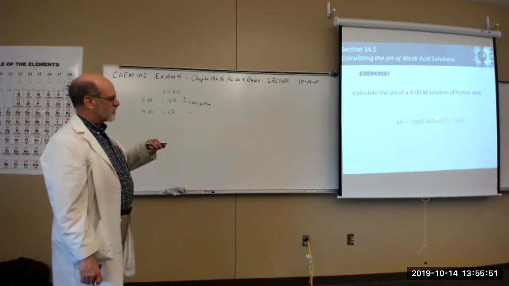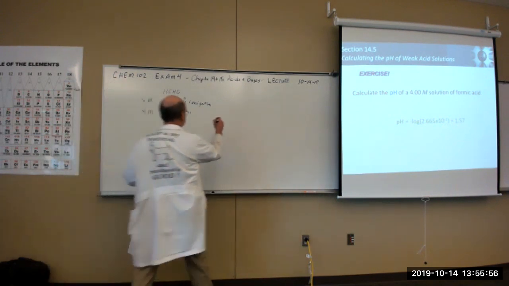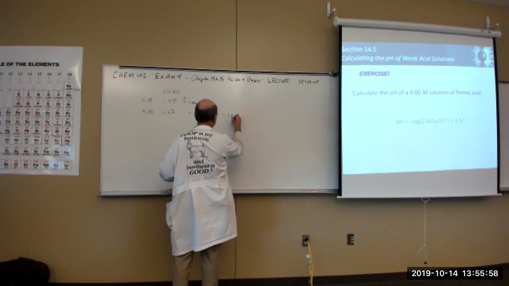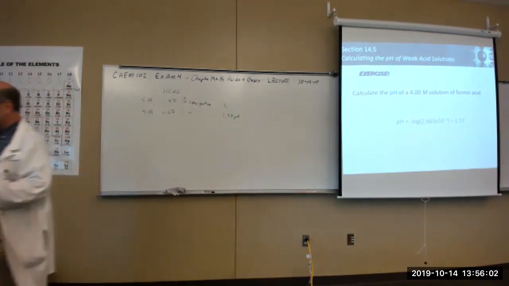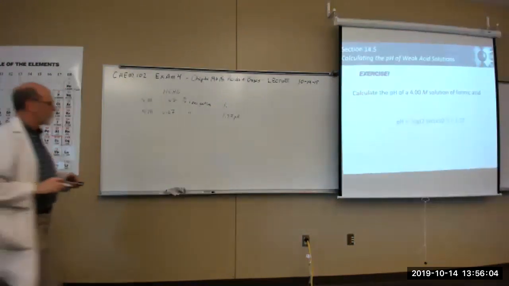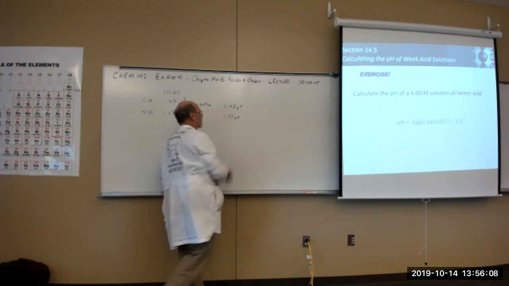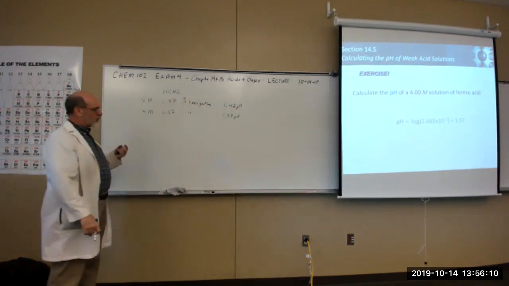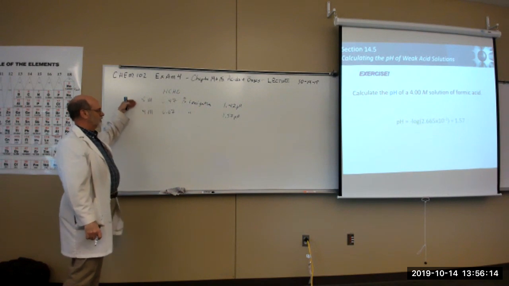So X turns out to be this value, and our pH is 1.57. And this was 1.4 something, wasn't it? 4.2. Okay? So there's a practical example that gives you the pH for a more dilute solution.